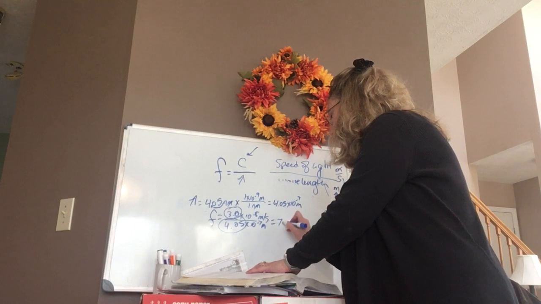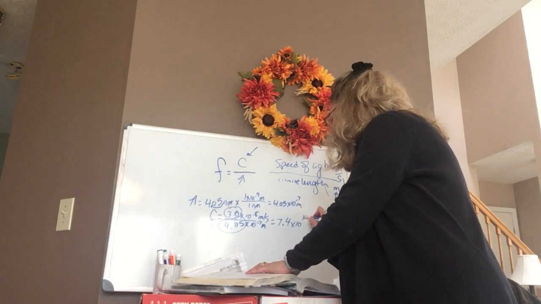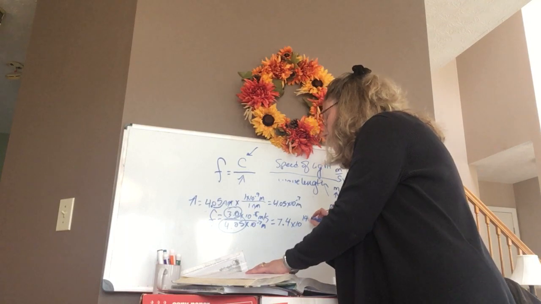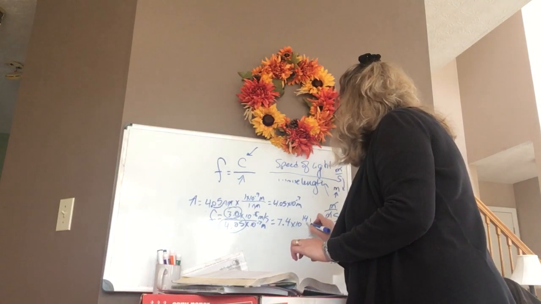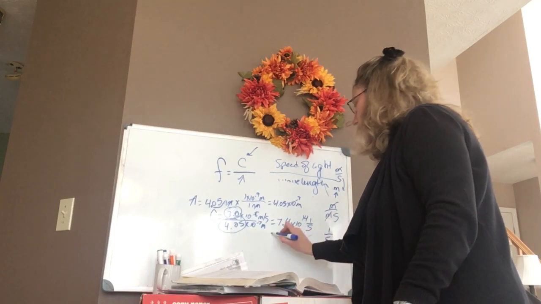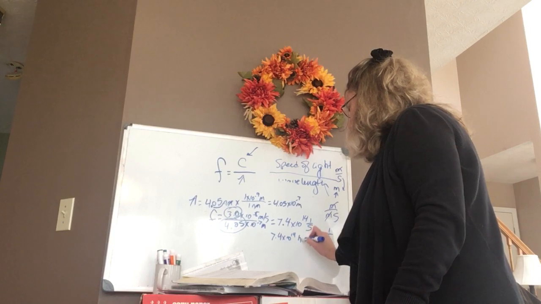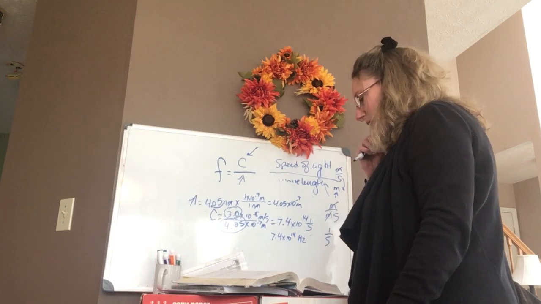So I get 7.4 times 10 to the 14th, 1 over second. So you can write it 1 over second, or you can write 7.4 times 10 to the 14th hertz, Hz. Either way is fine.